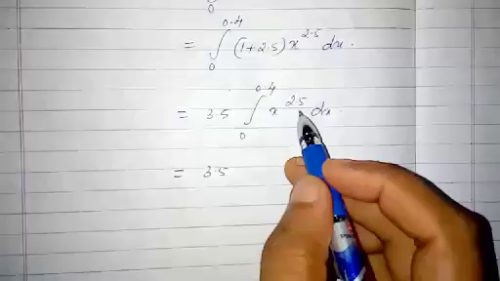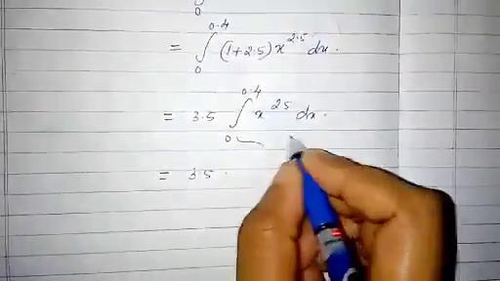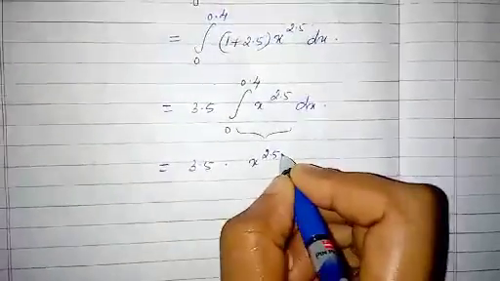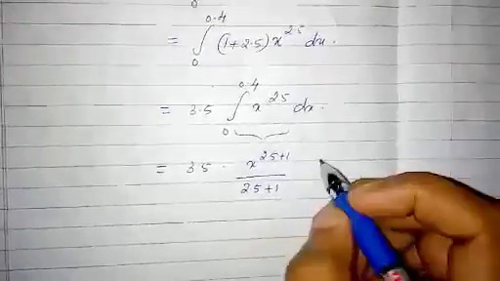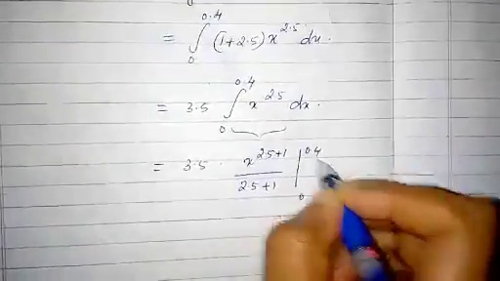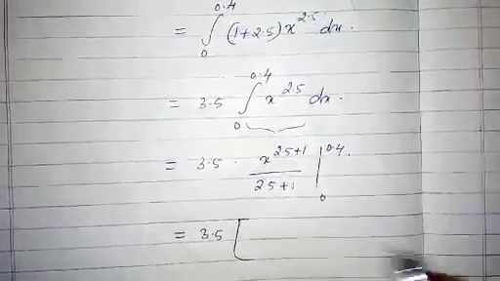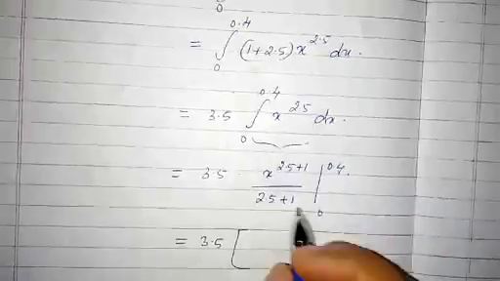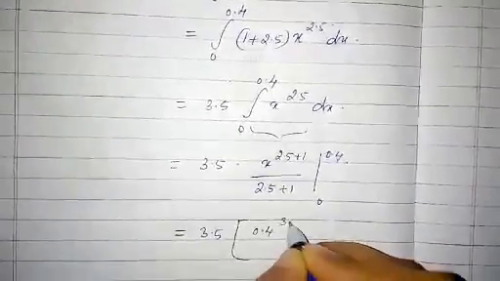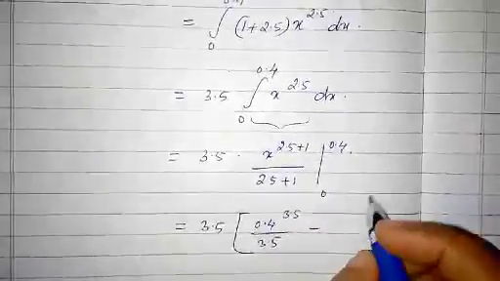How to integrate this term? This term is equal to x to the power 2.5 plus 1 divided by 2.5 plus 1, from 0 to 0.4, which is equal to 3.5 into, so we have to substitute this value instead of x, 0.4 power 3.5 divided by 3.5, minus the value at 0, which becomes 0.